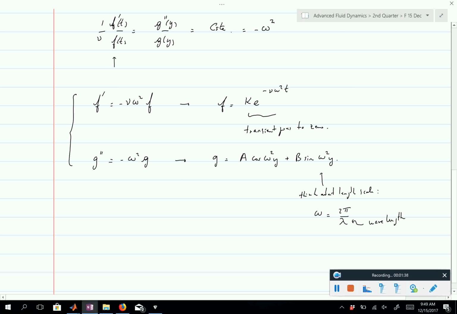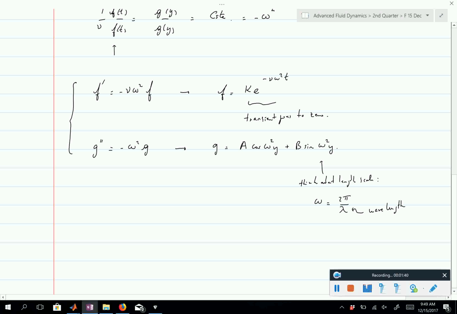Right? Something like that. Or actually the 2 pi is somewhere else. Lambda is equal to 2 pi divided by omega. Is that correct?